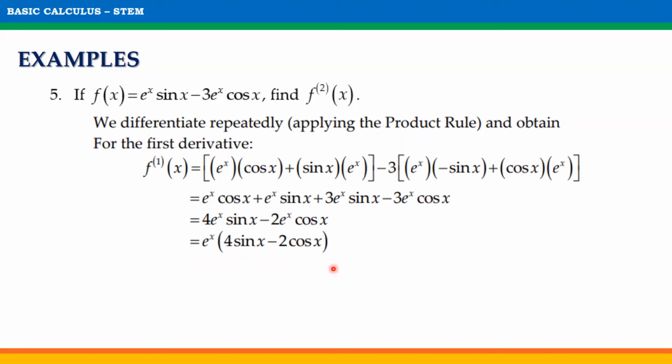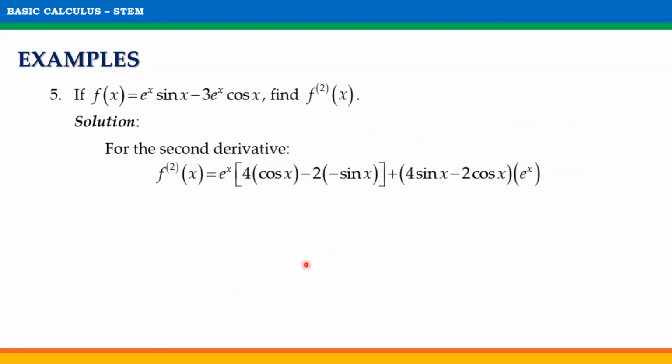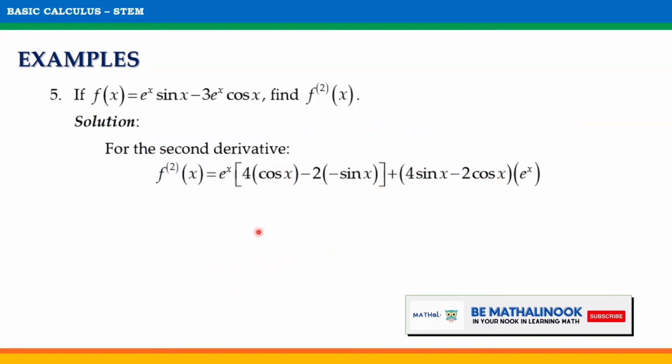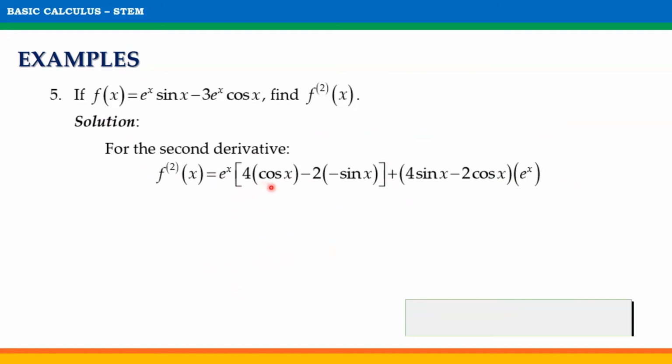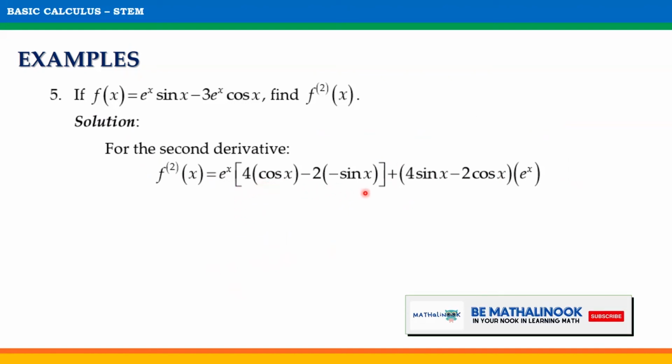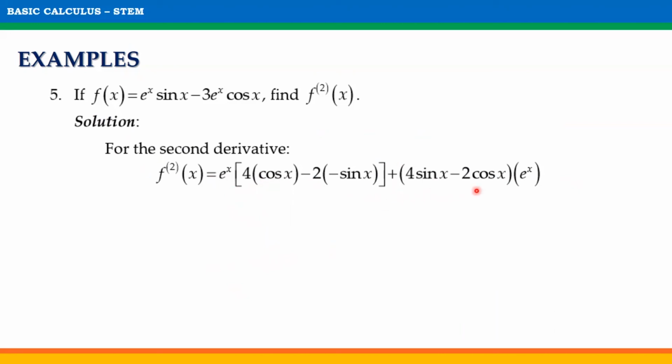using the product rule, considering e raised to x and 4 sine x minus 2 cosine x to be our factors. So, for the second derivative, we will get e raised to x quantity 4 times cosine x minus 2 times negative sine x, plus 4 sine x minus 2 cosine x quantity e raised to x.